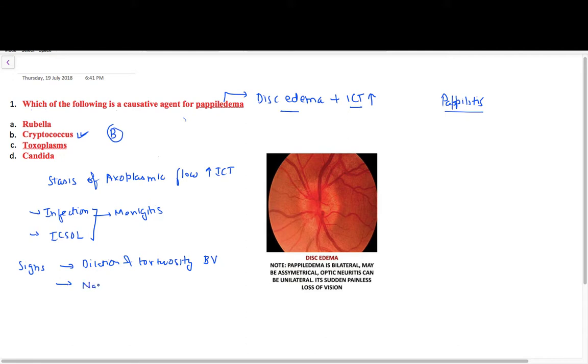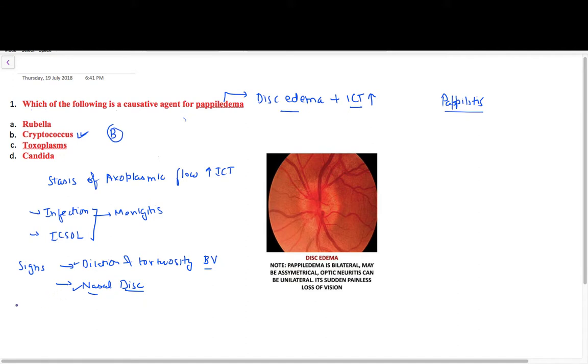Then there is blurring of disc margins, and this blurring starts most commonly and earliest in the nasal margins. So nasal margin blurring and dilation and tortuosity of blood vessels are important findings that you should know in early papilledema.